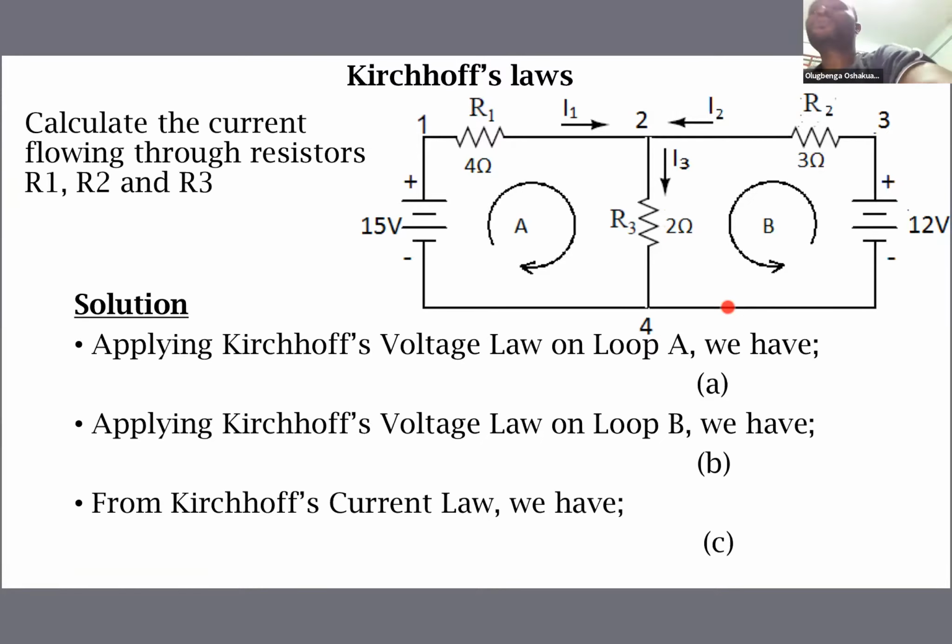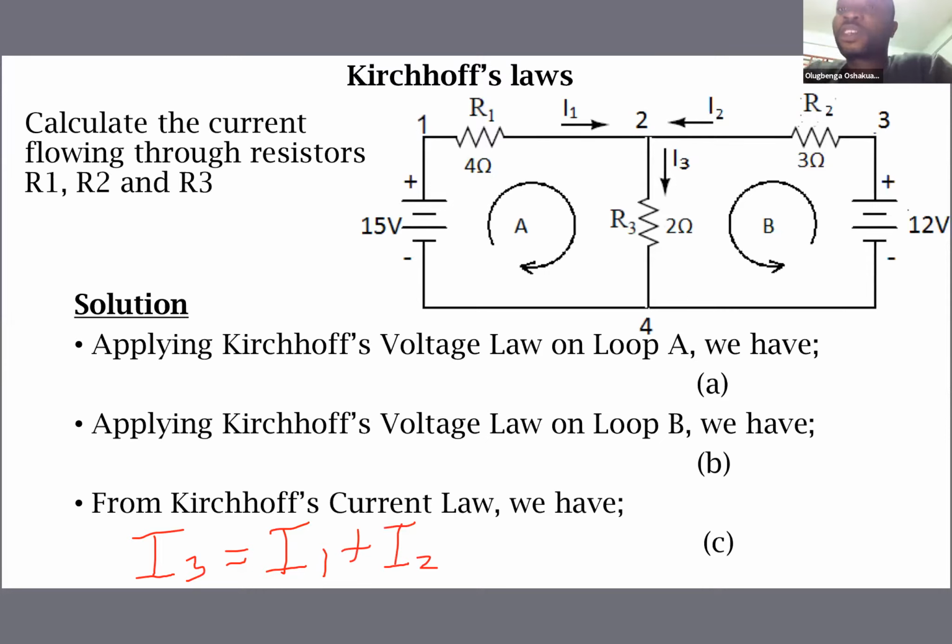So we can now say that I3 is equal to I1 plus I2, because I1 and I2 are flowing into this junction 2, adding up to give I3 to flow downwards. So easily we can say I3 is equal to I1 plus I2.